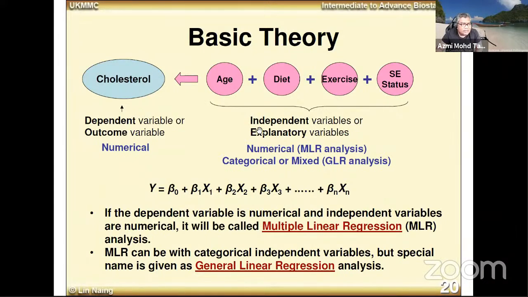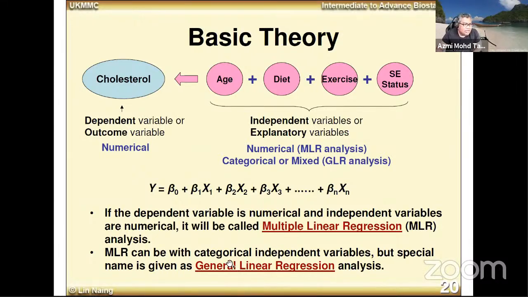So since MLR is also one of the subsets of GLM, they decided that you can include the categorical data inside this analysis, but to avoid misunderstanding, they don't call this one MLR, they call it GLR, or general linear regression.